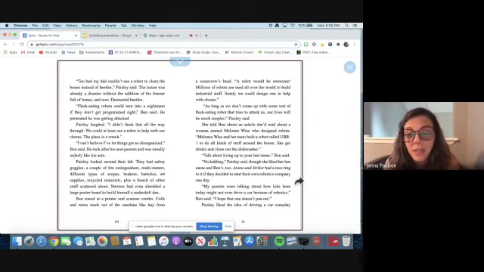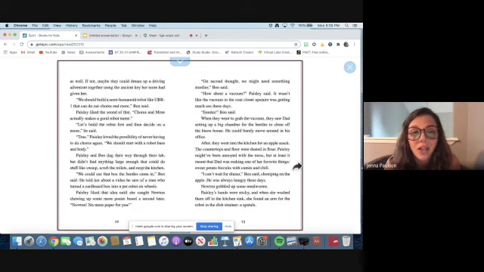Sorry, I forgot a line. Paisley liked the idea of driving a car someday as well. If not, maybe they could dream up driving adventures together using the ancient key her mom had given her. We should build a semi-humanoid robot like UBR-1 that can do our chores and more, Ben said. Paisley liked the sound of that.